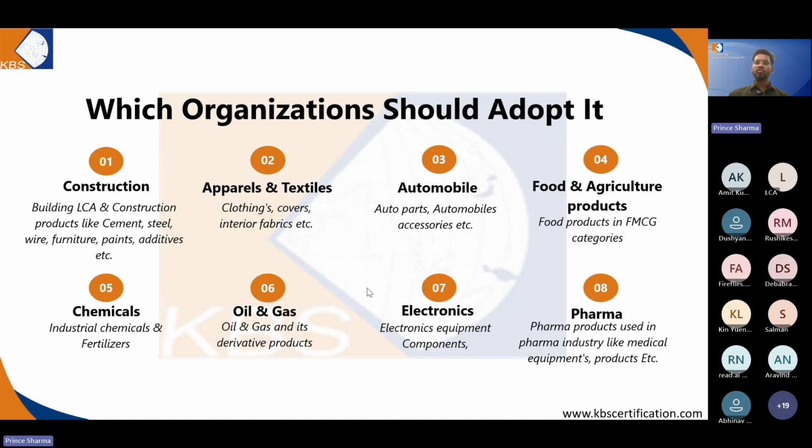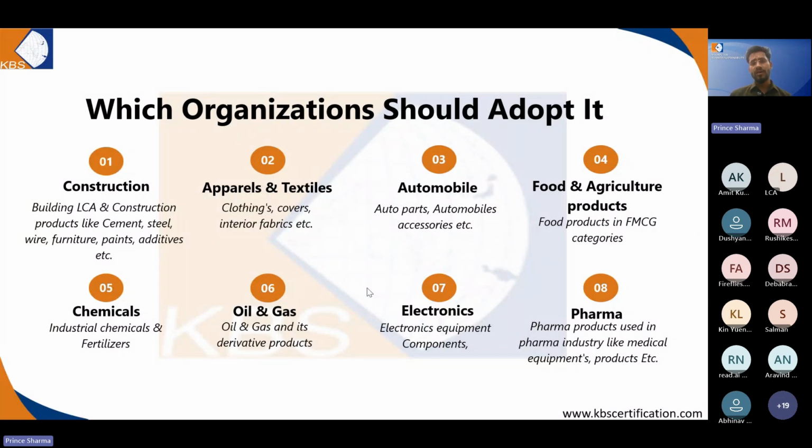Which organization should adopt it? Basically construction, apparel and textiles. In construction, not only the products used in construction, but also the buildings are nowadays being asked what is your life cycle impact on the environment.